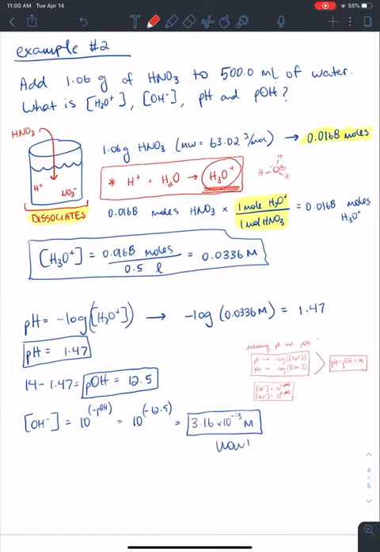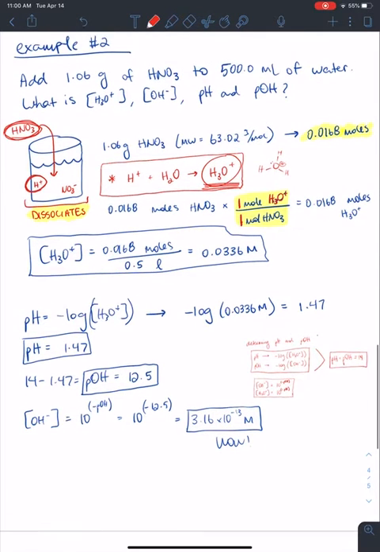And we see here that for every 1 nitric acid molecule, you're going to get 1 proton. So for every 1 proton, you get 1 hydronium ion, which means that there's a 1-to-1 relationship. So you get 1 mole of the hydronium cation, H3O+, for every 1 mole of nitric acid. So it ends up being the same number, 0.0168 moles of hydronium cations.